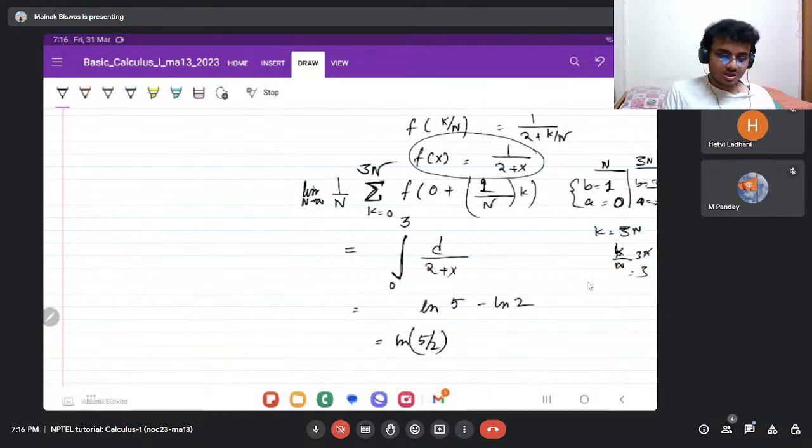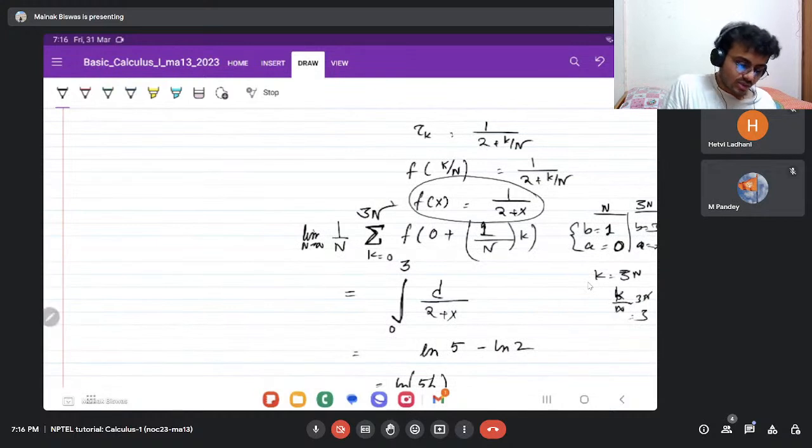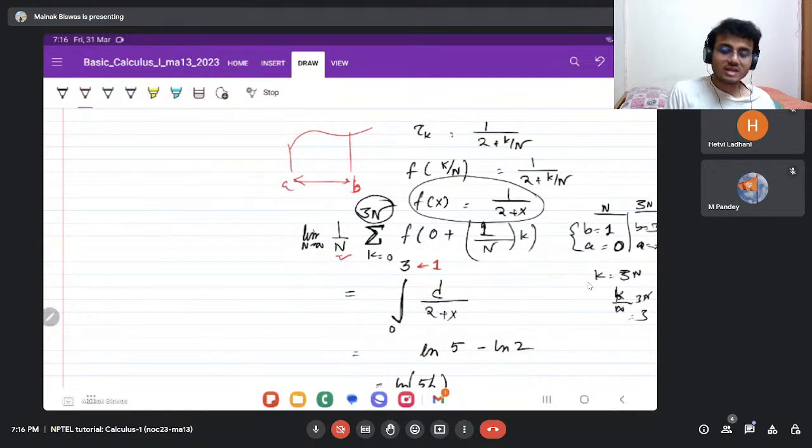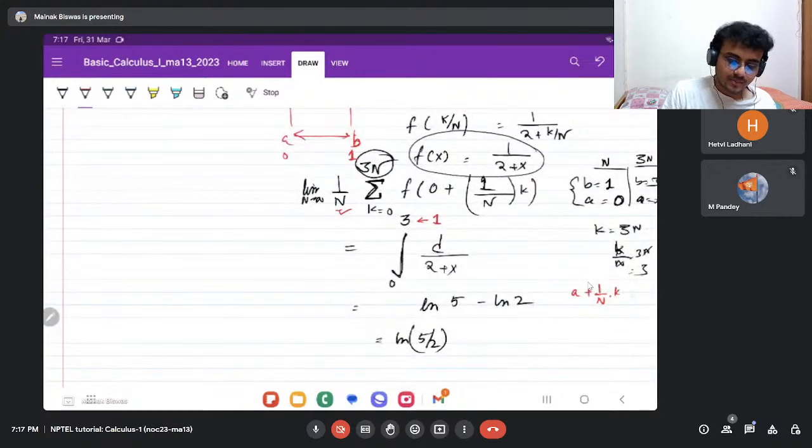This is matching. So what we did is, since we are taking an integral up to 3 times the initial integral, we are just replacing the initial 1 by 3, right? Because initially our limits, so remember how we did it, a to b, right? So a to b is here n, 1 by n. A to b we have divided in such a way, 0 to 1 is this. So your 0 plus 1 by n into k, if I put a sum till n, this is between a to a plus 1.